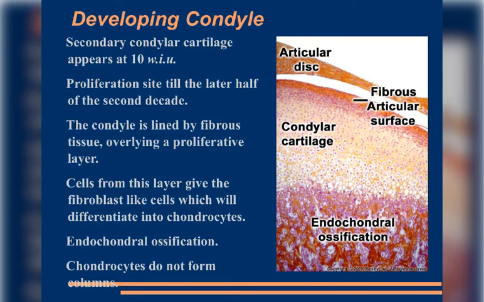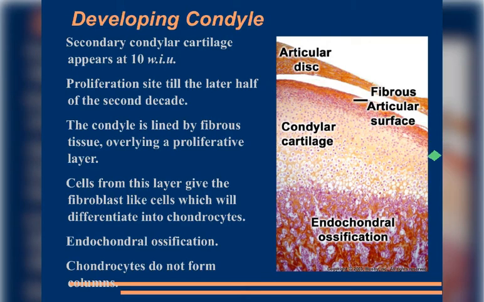Developing condyle. The histology of the developing condyle is slightly different from the histology of the adult condyle. Some of the zones are the same and some are different. The first zone and the second zone are the same. The first one is called the fibrous articular zone.